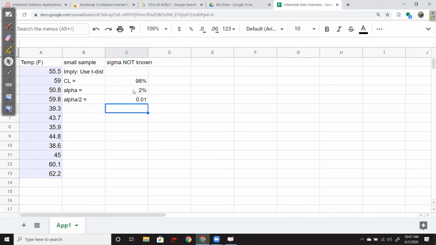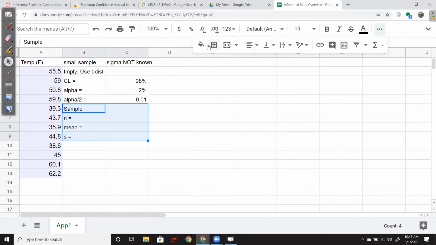Once I have that information, I also need information from the sample. And from the sample, I need to know what's the sample size, n, what's the mean of the sample, and what's the standard deviation of the sample. So let's get those numbers here. Let's highlight those. There's my highlighter right there.